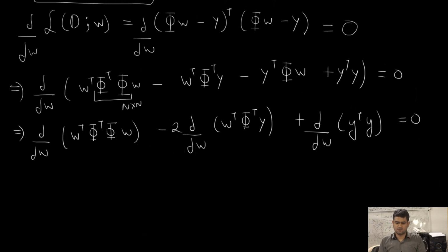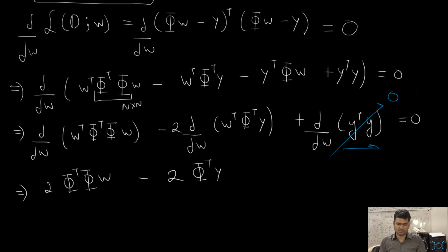Since y doesn't depend on w, the derivative of this is 0. So we get twice phi transpose times phi w, minus twice phi transpose times y, is equal to 0.